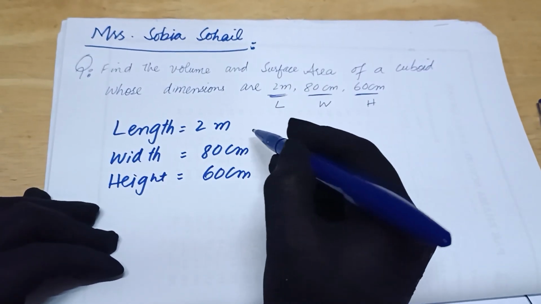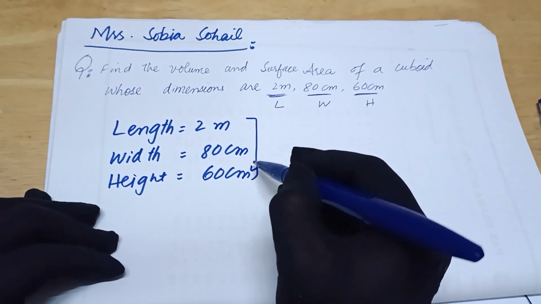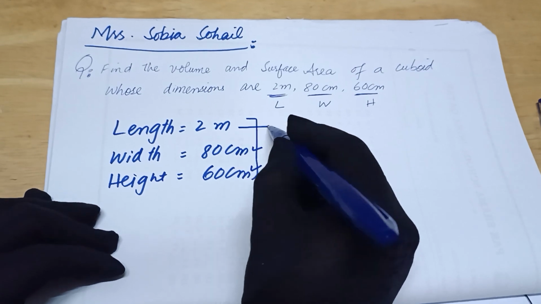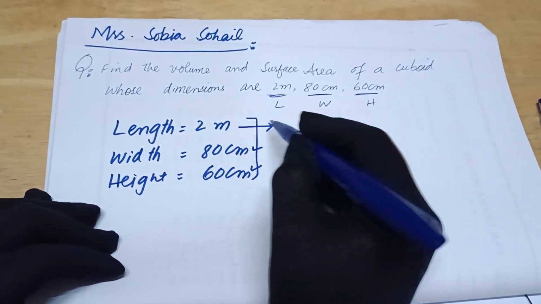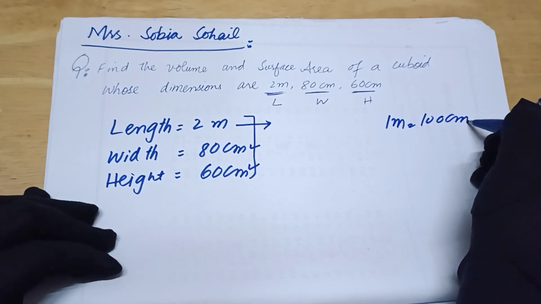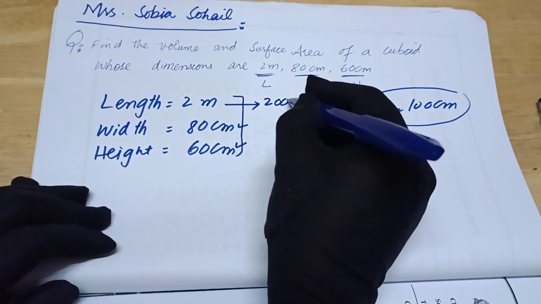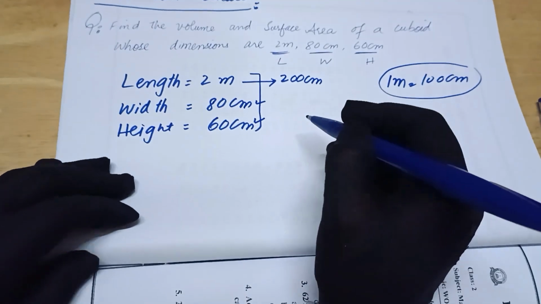First of all, we have to check whether they are all in the same unit or not. So convert this into centimeter too. 1 meter equals 100 centimeter, so 2 meter will be equal to 200 centimeter.